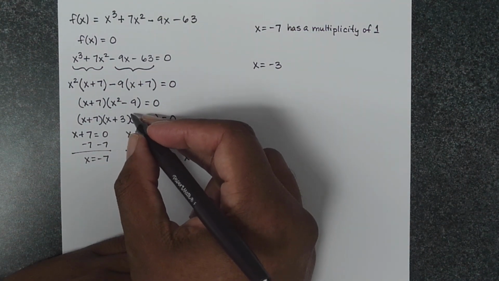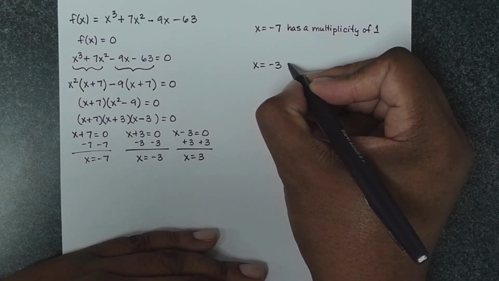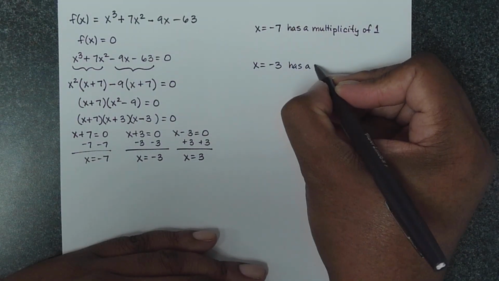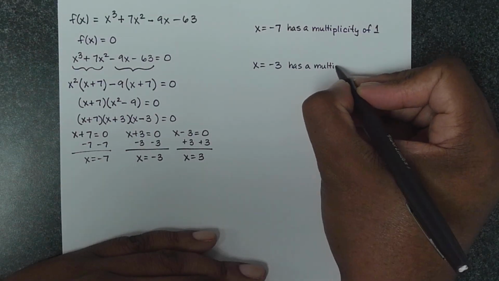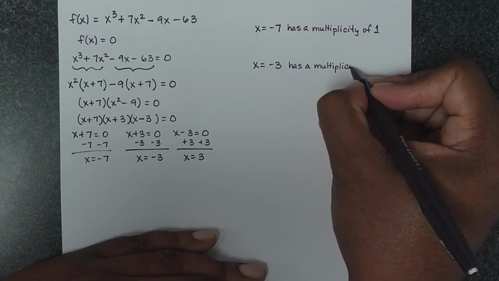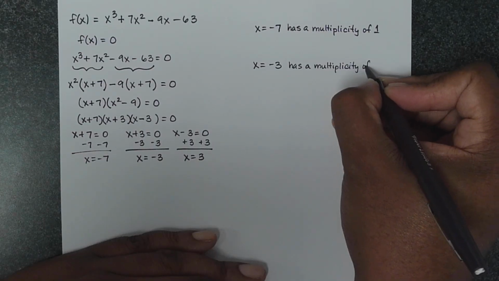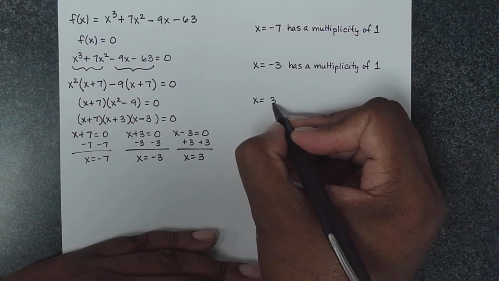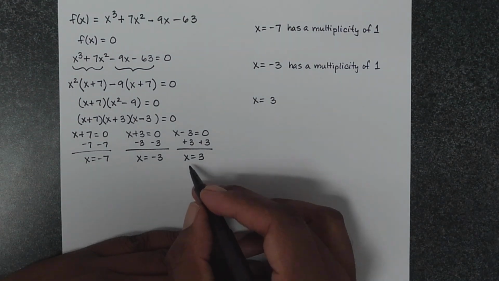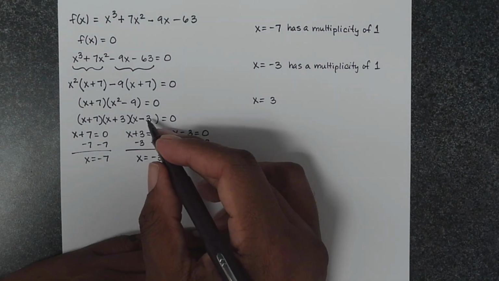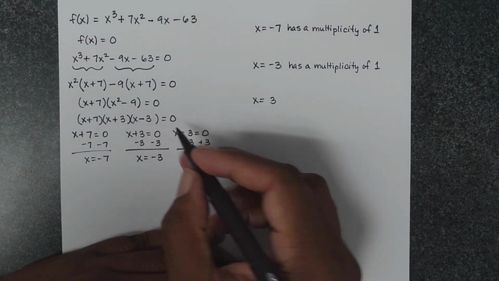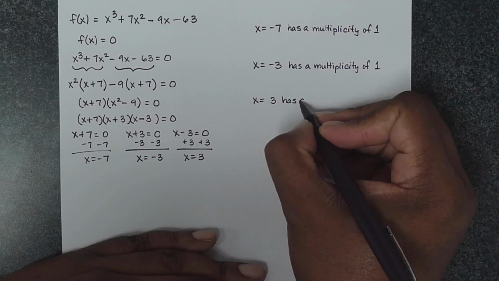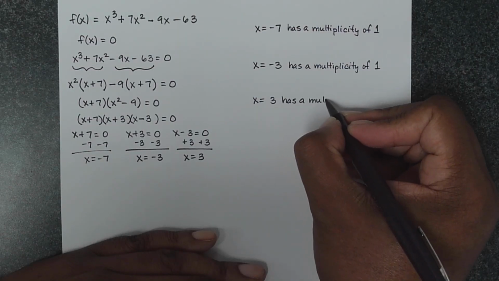The exponent for the x plus 3 is also the understood 1. So x equals negative 3 has a multiplicity of 1 as well. And now for x equals 3, x equals 3 came from that x minus 3. The exponent for that would also be 1. So x equals 3 will also have a multiplicity of 1.